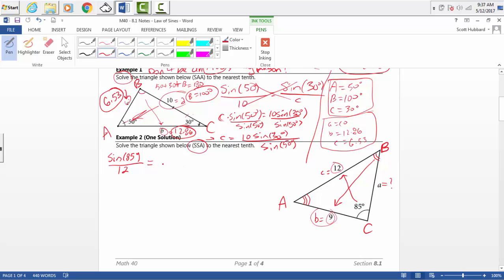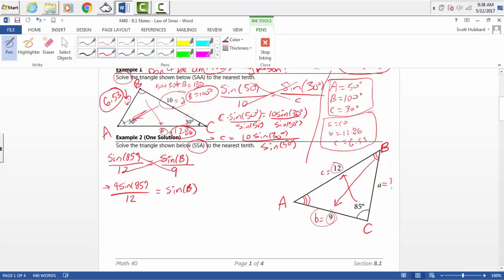I know this side, so it's going to be sine of B over 9, like that. And so this allows us to then solve for sine B, and so we just cross multiply, and you get 9 sine 85 divided by 12 is going to equal sine B.